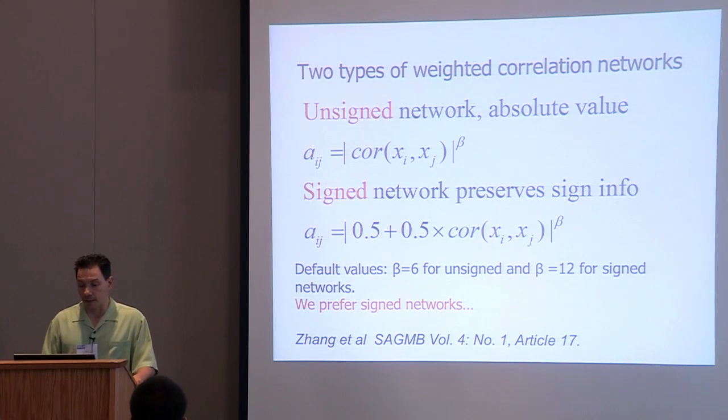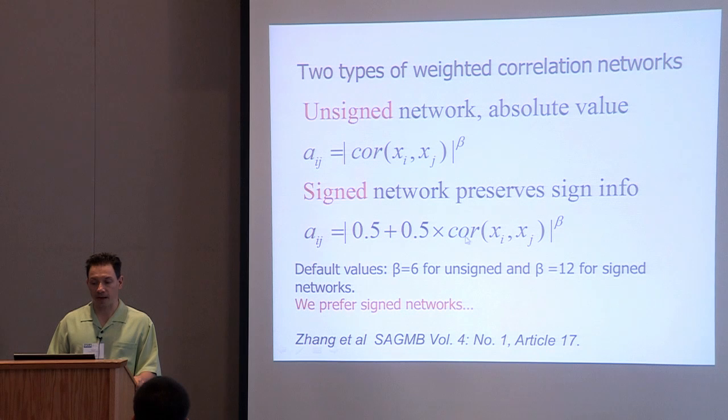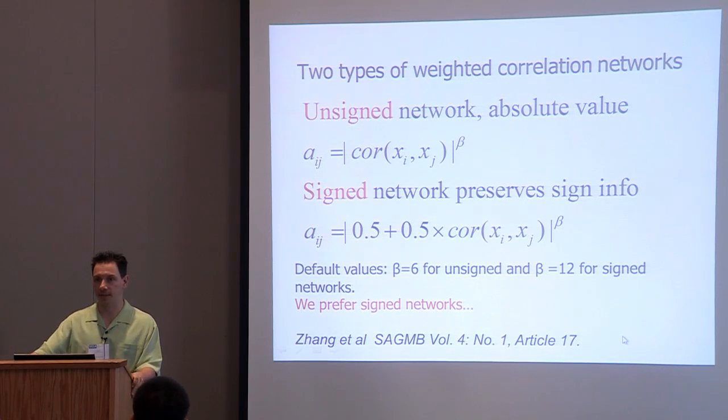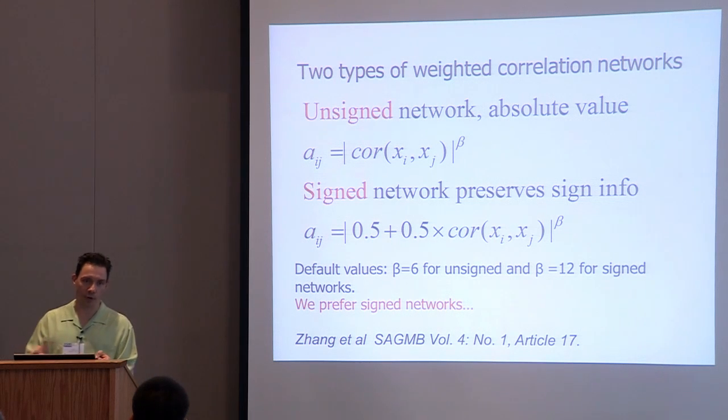But also, when you plug in a value of 0 for the correlation, which again indicates the genes are not related, and you raise it to a power of 12, you again end up with an adjacency that is very close to 0. And so again, these two genes would not end up in the same module because they have a low adjacency. And again, that's desirable, because if two genes are not correlated with each other, they shouldn't be part of a module.